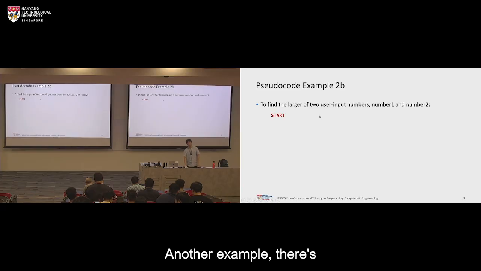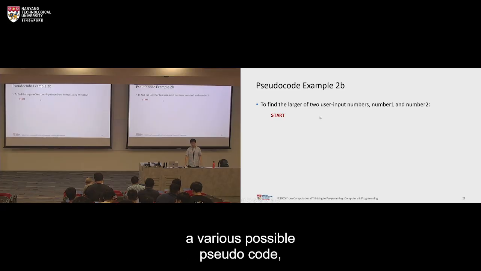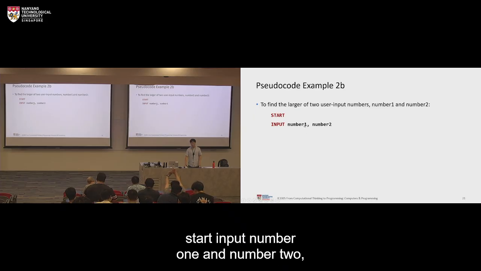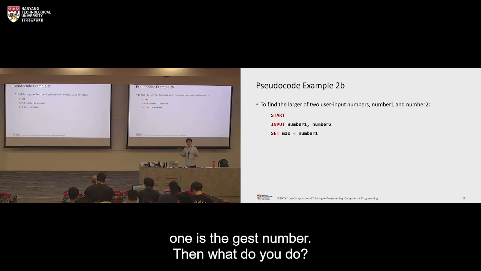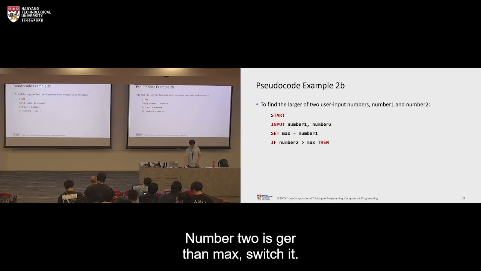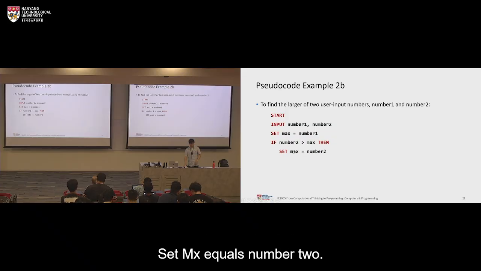Okay, another example. There are various possible pseudocodes. Start, input number 1 and number 2. Set max equals number 1. So now we assume that number 1 is the largest number. And then what do we do? If number 2 is larger than max, switch it. Set max equals number 2.